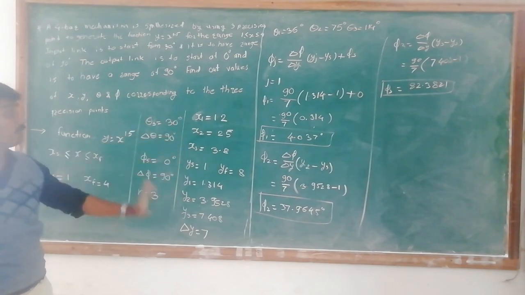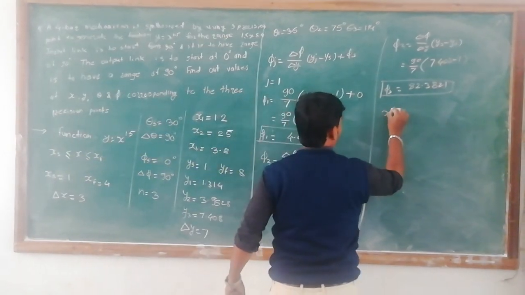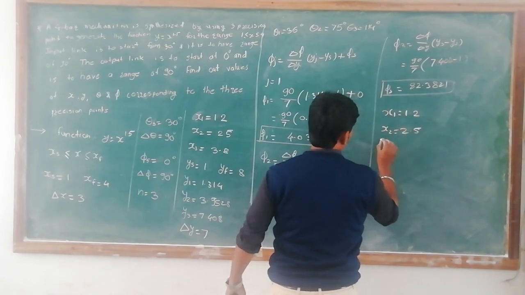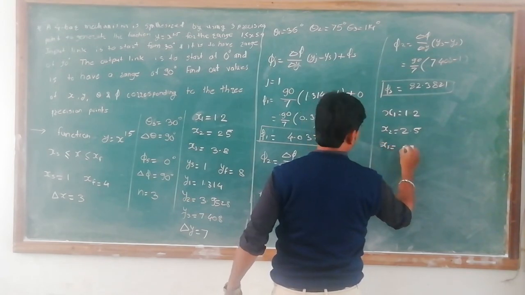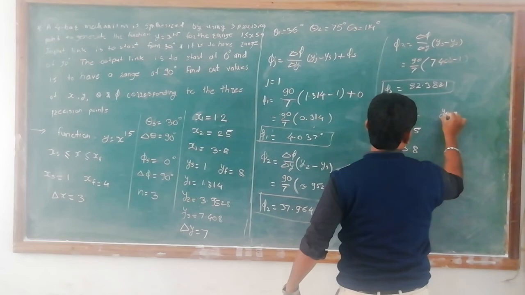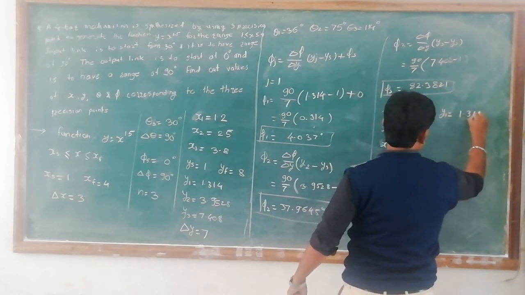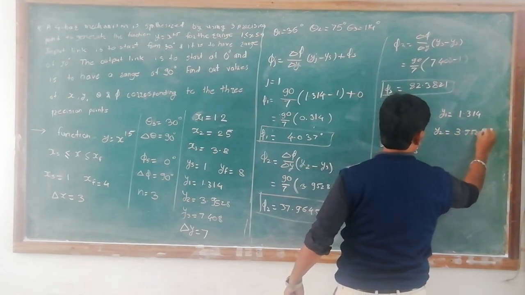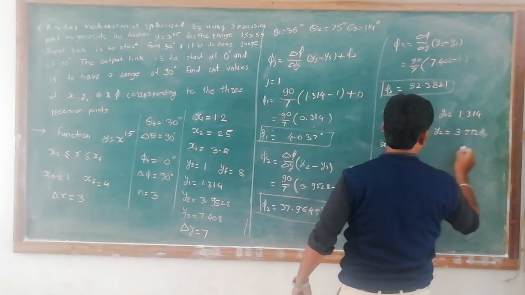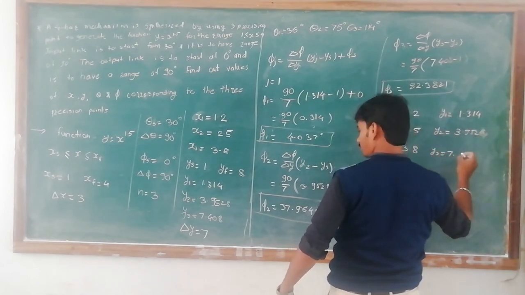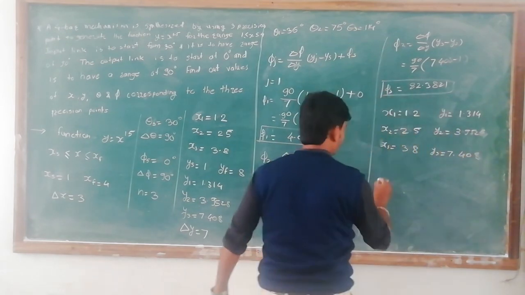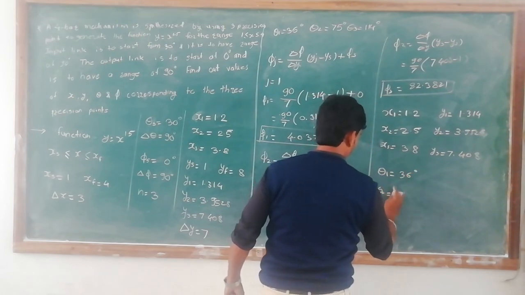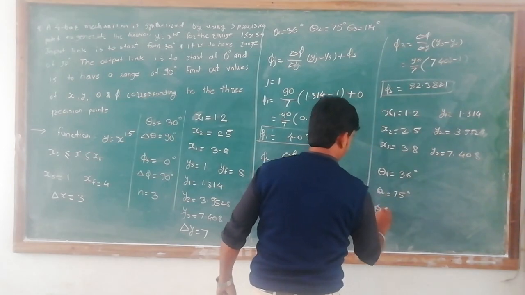So we have found all the values. x1 is equal to 1.2, x2 is equal to 2.5 and x3 is equal to 3.8. y1 is equal to 1.314, y2 is equal to 3.9528 and y3 is equal to 7.408.